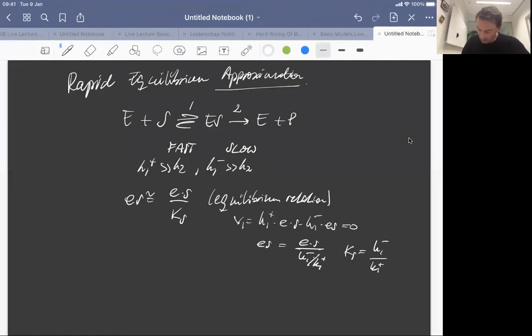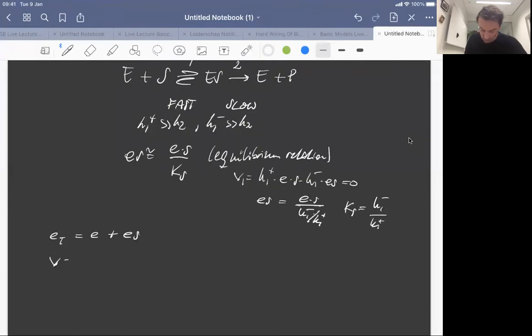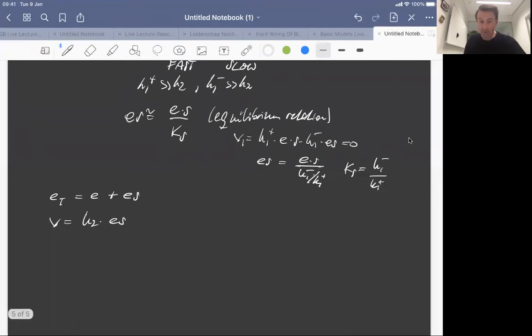Okay, so when that is the case, then we can say E total is E plus ES, and the rate of the enzyme is K2 times ES. So we want to figure out what ES is, and then we can write down the rate equation from the rapid equilibrium point of view. So let's do that.